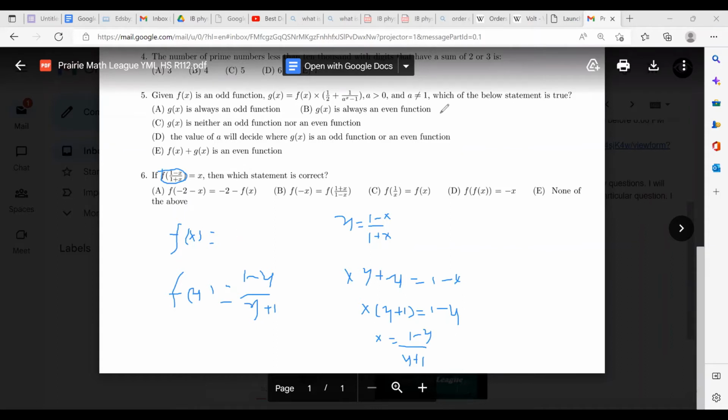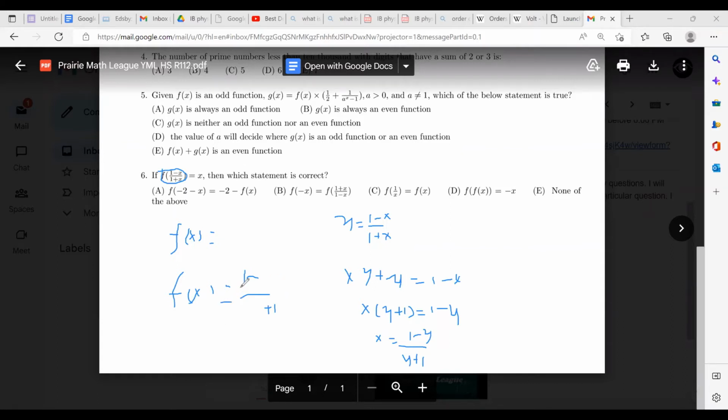Okay, so notice that y is any variable and x is any variable. So we can just replace the y here with x, because if it's going to work for any variable, it's going to work for any x.